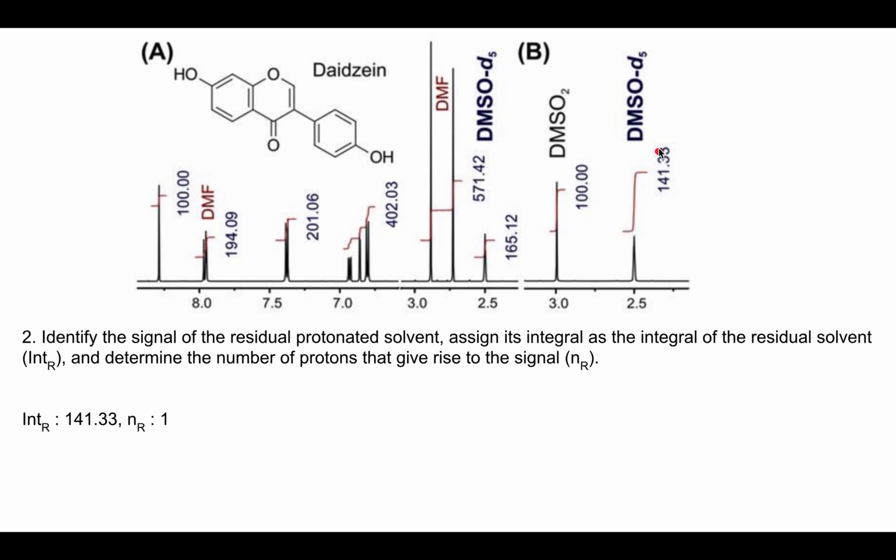Well, the residual protonated solvent is located right here for DMSO D5. Now, normally the deuterated form of DMSO is DMSO D6, so that's dimethyl sulfoxide, and the methyl groups typically have methyl protons on it. The deuterated form would have deuterium atoms replacing the protons, so those would be 6 of them.